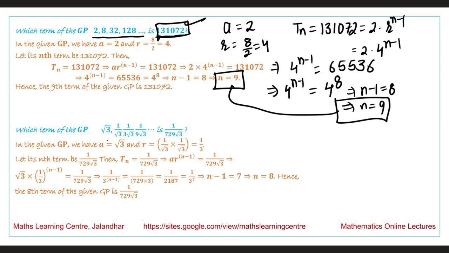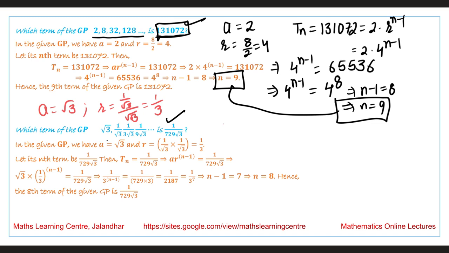Next is: which term of this GP is 1 by 729 root 3? Again in this GP, the value of A is equal to root 3. The value of R is (1 by square root 3) divided by root 3, and the answer we get is 1 by 3.